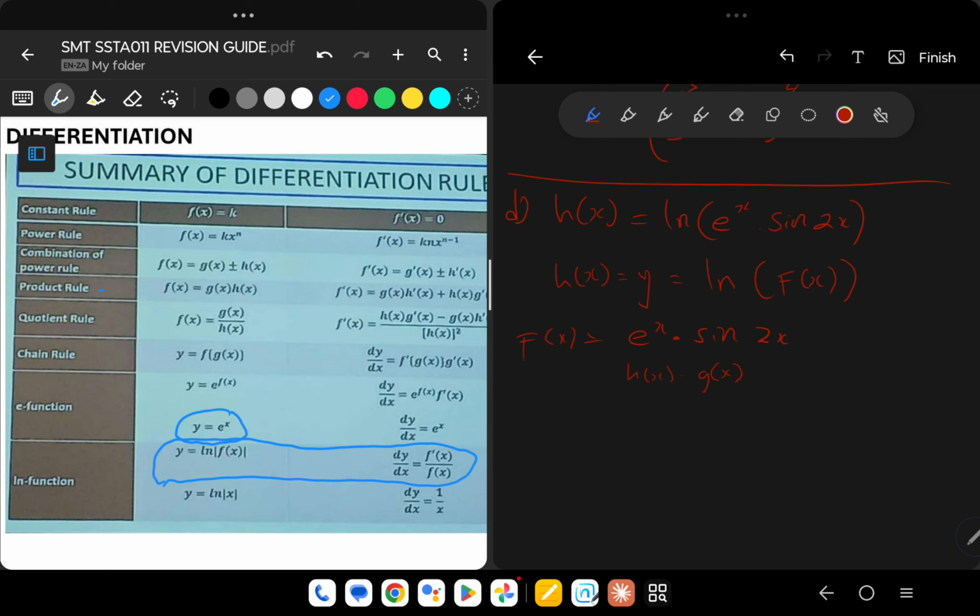The product rule says that if you have two functions multiplying each other, to find the derivative, you keep one and you derive the other, and then you add. After adding, you derive the one that you kept previously, and you keep the one that you derived previously. I'm gonna apply it and you're gonna see.